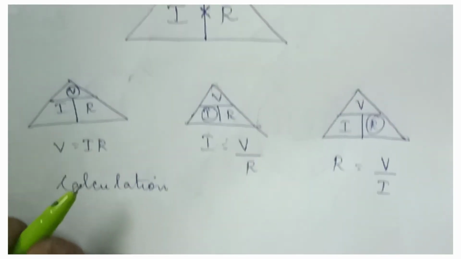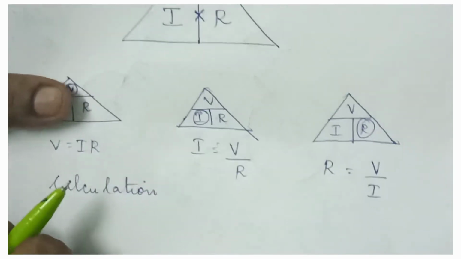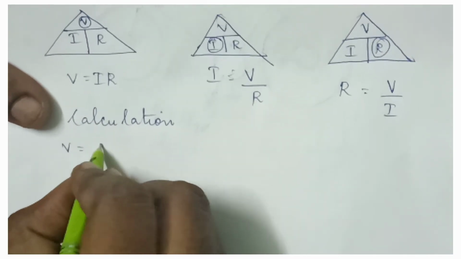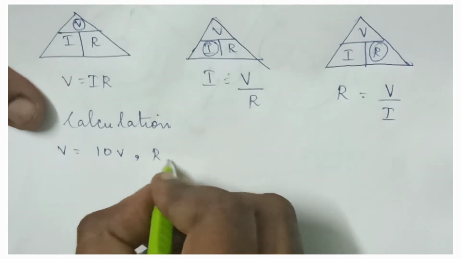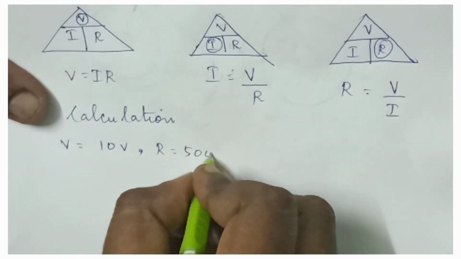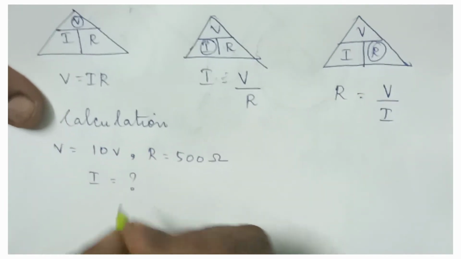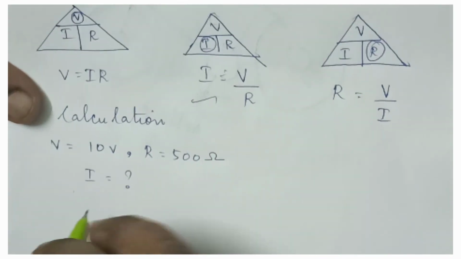So let us now consider the first example. That is, V is given as 10 volts and the R value is given to be 500 ohm. Now what is asked? I is asked. So which formula do we have to use of these three? The second one.